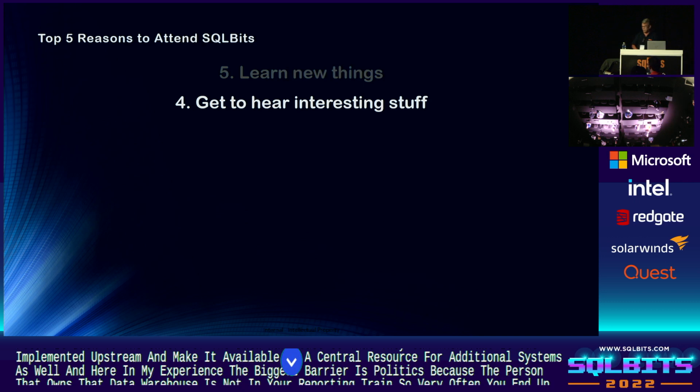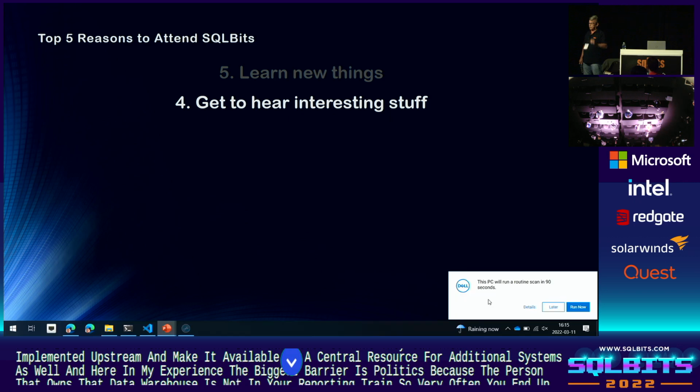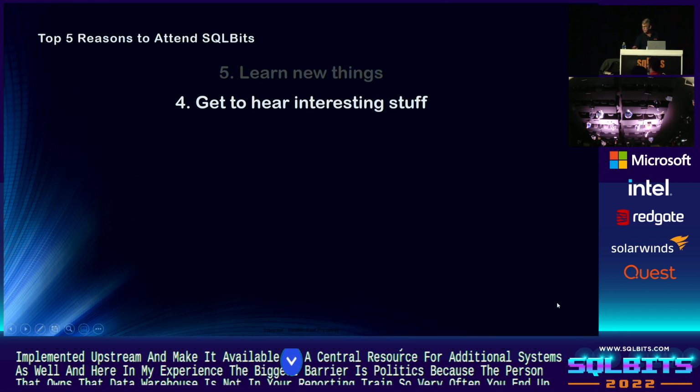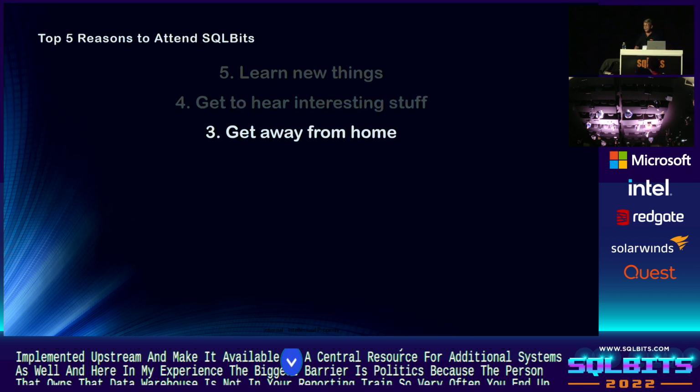Reason number 4, get to hear interesting stuff. It may not be related to what you're working with, it may not be related to your job, but you get to hear cool stuff, sorry. See, that's what happens when I'm saying bad words, right? So you will get to hear interesting stuff. Reason number 3, now it's getting warmer here. Reason number 3, get away from home.